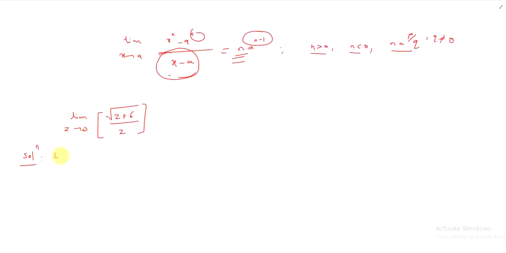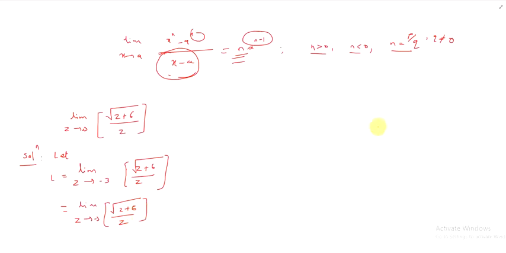So let L be equal to limit z tends to minus 3 of root z plus 6 by z. There is no need to take any extra step; we can directly make a substitution.